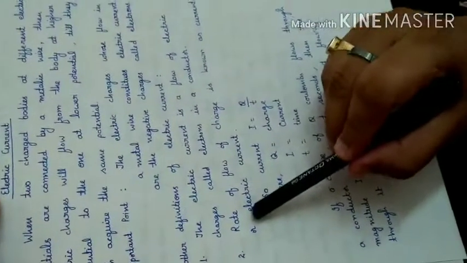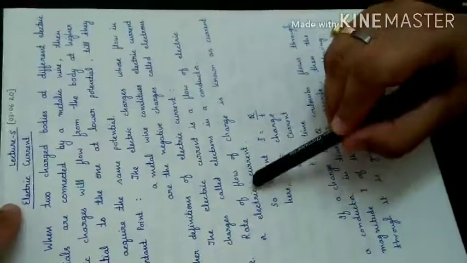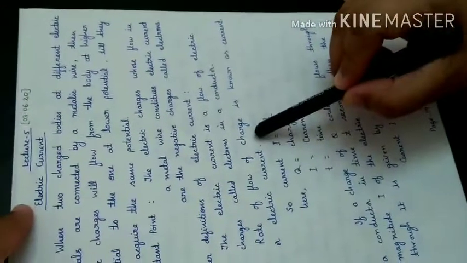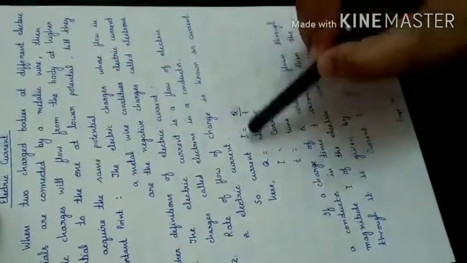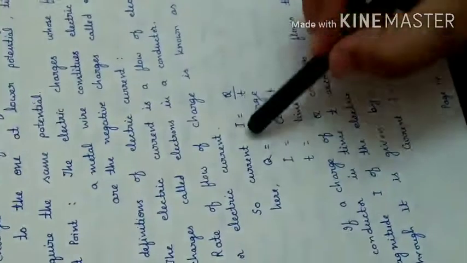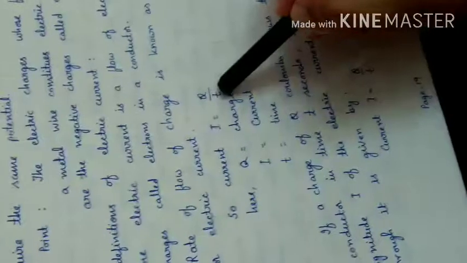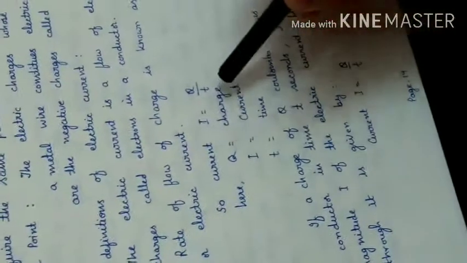Here we have said that rate of flow of charge, that means q by t, is known as current, that is equal to I. So I is equal to q by t. Here q is equal to charge, I is equal to current, and t is equal to time.